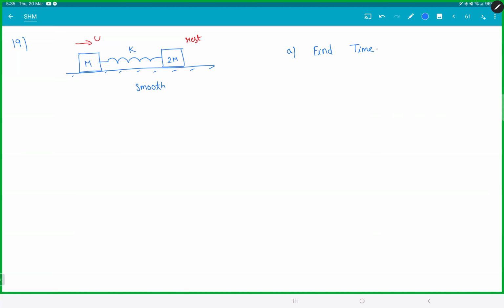We have done this in center of mass momentum. Find the oscillation energy. Find the amplitude of each block. Let's get there.